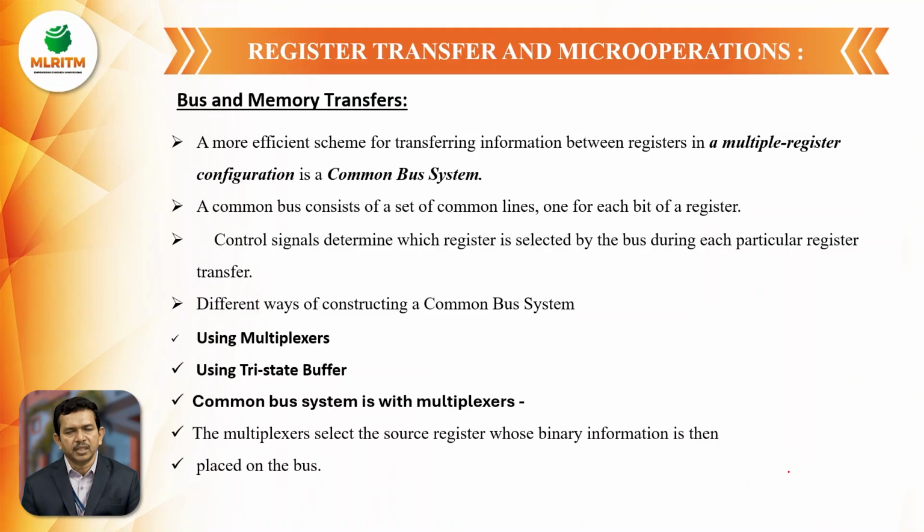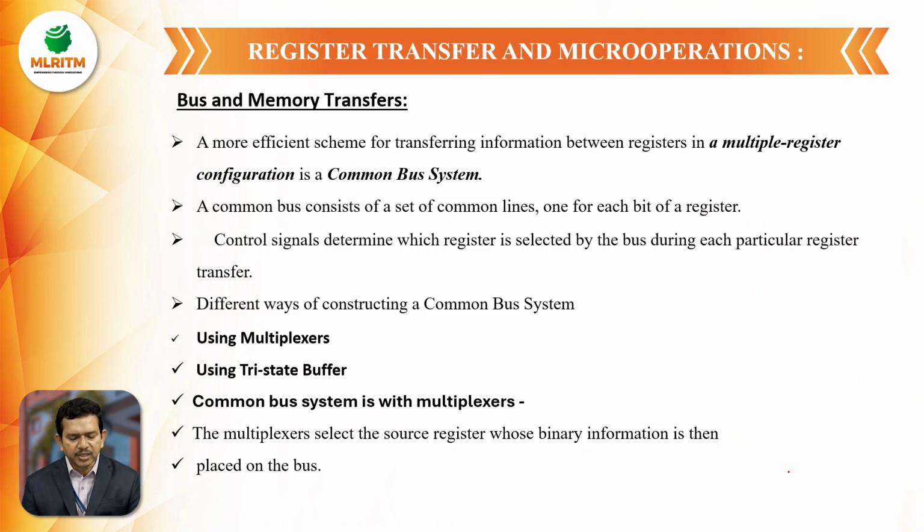See, if I say bus and memory transfer, suppose you have more than one register, and all these registers are to be transferred at a time to another register. What I should do is make a connection. If I do the connection one by one, the process will become very late.